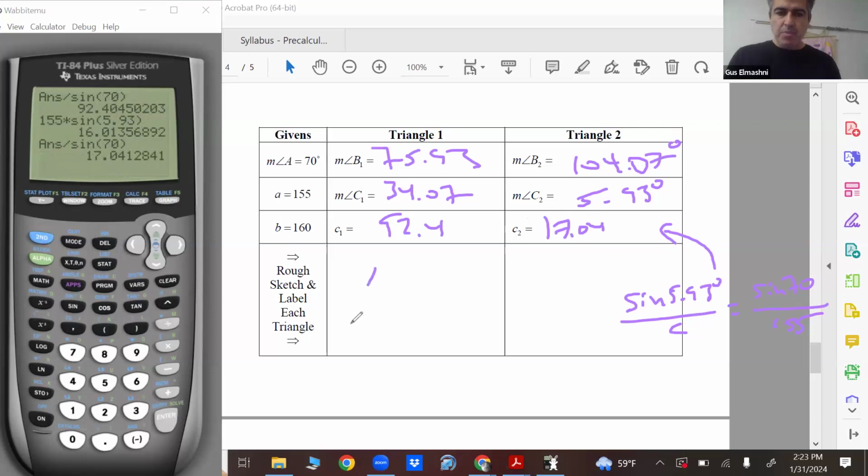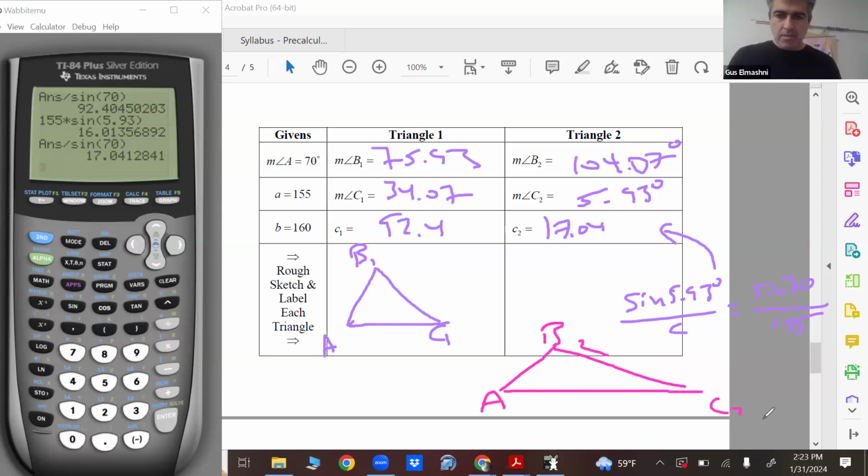In a rough sketch, this is probably more like that. This is angle B1, angle A, angle C1. Or it could be an obtuse triangle. It could be like that.